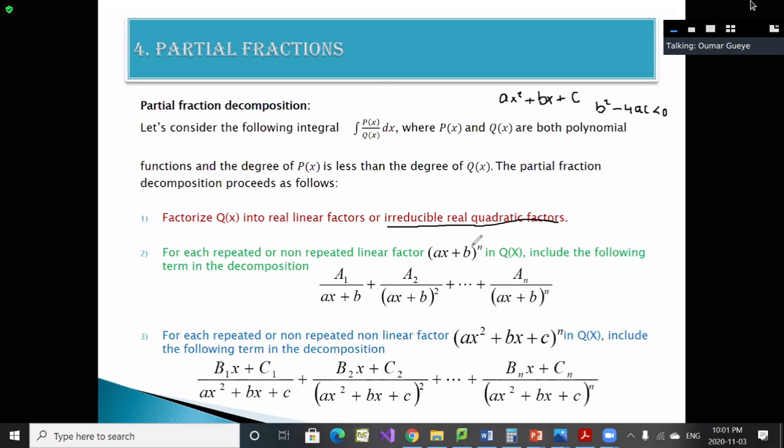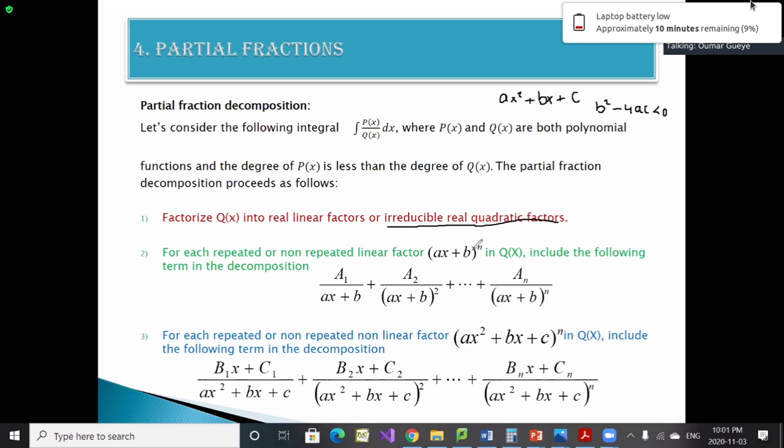From each linear factor repeated n times, you get n terms. You can see here the first term, the second, the third, up to the last one, which is the nth term, because n is the exponent. Each linear factor repeated n times generates n terms. If it's not repeated, it only generates the first term, when n equals 1.